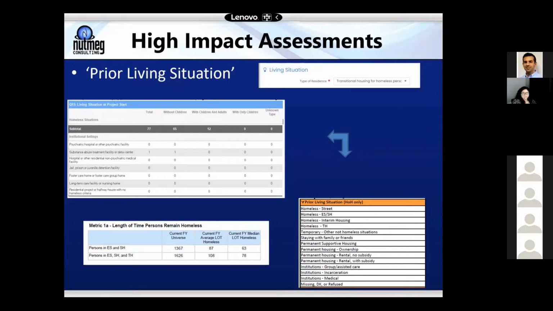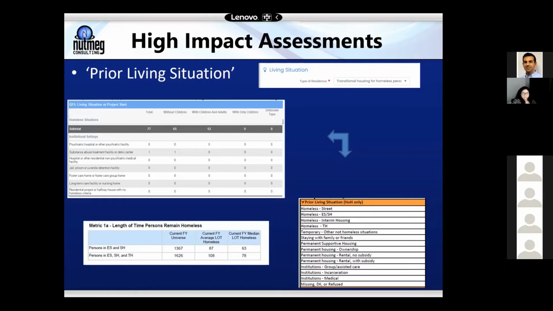So if your client's prior living situation is a homeless setting, the data for that client gets added to the universe of data that's going to be evaluated in LSA and SPM. It's also important to note, if you are a rapid rehousing program, for example, where everybody from your program is supposed to come from a homeless setting, then prior residence is an important data point to keep an eye on.